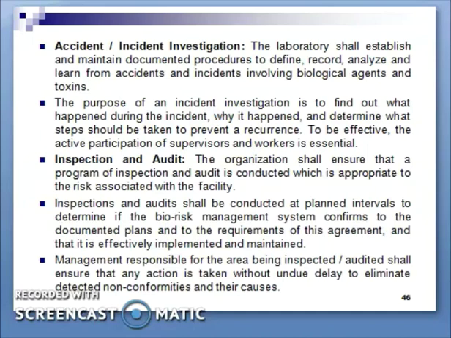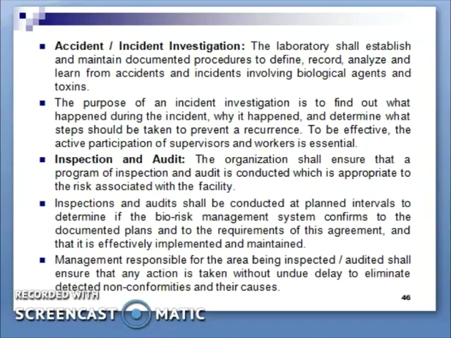The organization shall ensure that a program of inspection and audit is conducted which is appropriate to the risk associated with the facility. Inspections and audits shall be conducted at planned intervals to determine if the biorisk management system conforms to the documented plans and to the requirements of this agreement, and that it is effectively implemented and maintained.